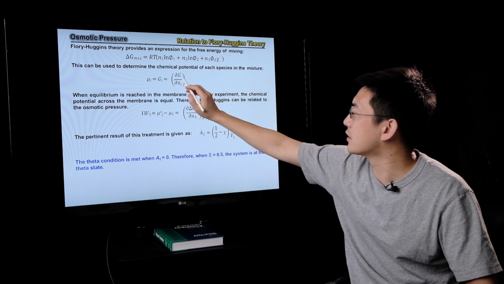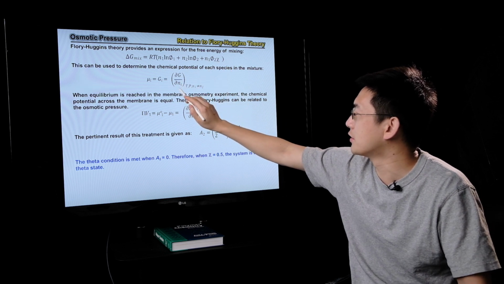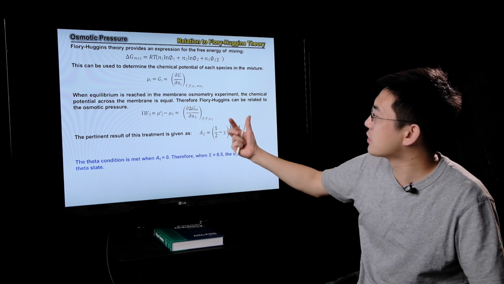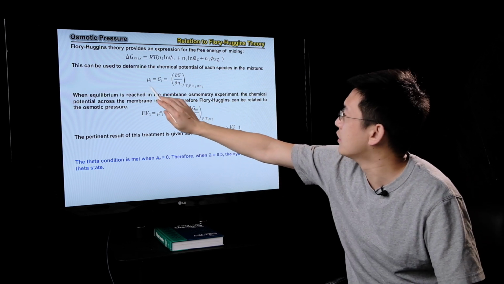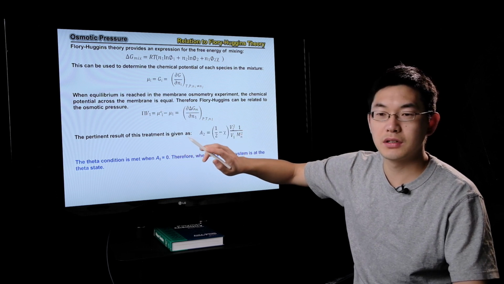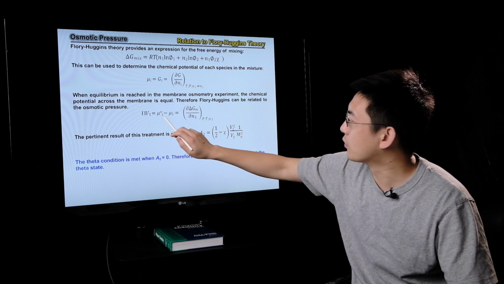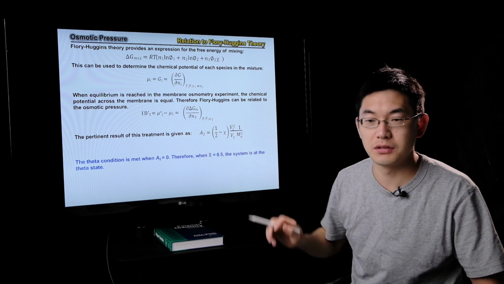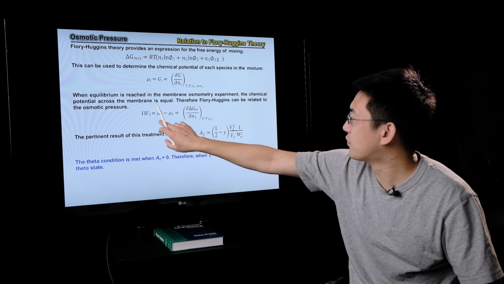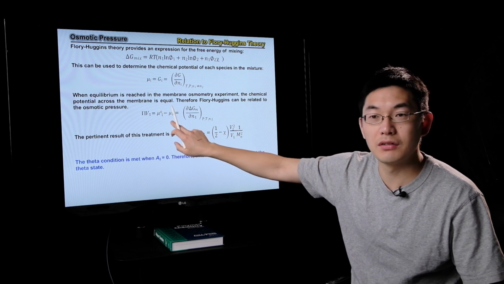We take the derivative of delta G with respect to N, and then we will be able to get the chemical potential for each species. And what we need to do is get this value before and after we mix, and that's the difference: you need the value before mixing and the value after mixing.